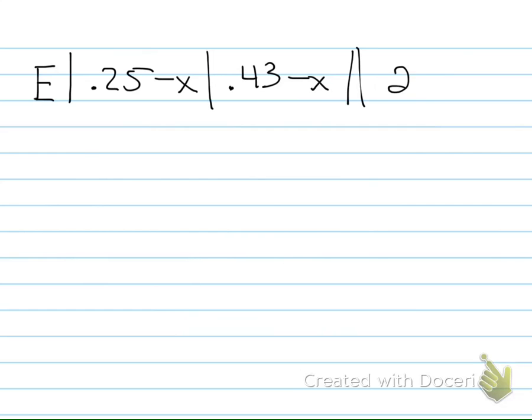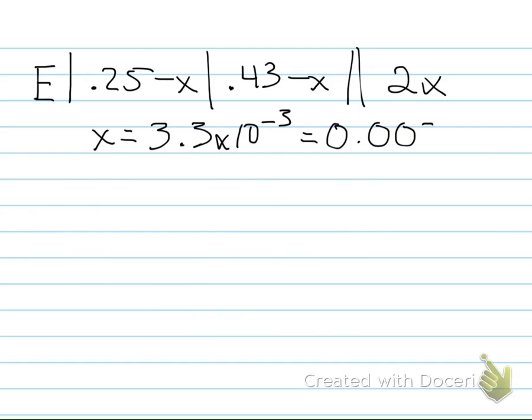My E values for each of these were 0.25 minus x, 0.43 minus x, and 2x, where my x that I just solved for was 3.3 times 10 to the negative 3rd. Or if we want to write this out, that's going to be 0.0033, because 1, 2, 3 spots gives me 3.3 times 10 to the negative 3rd.